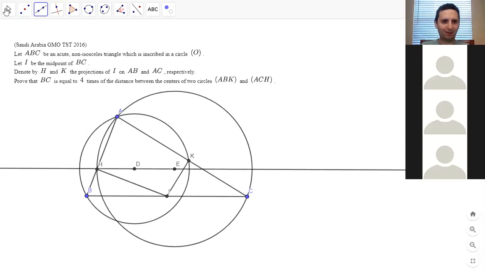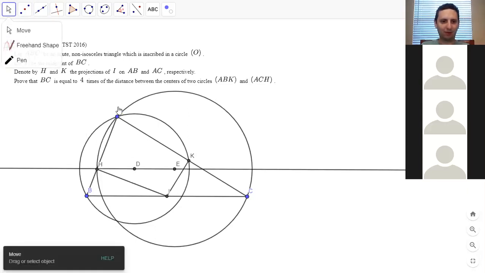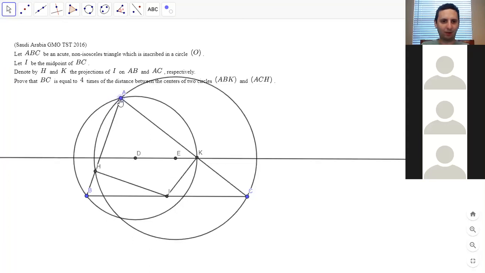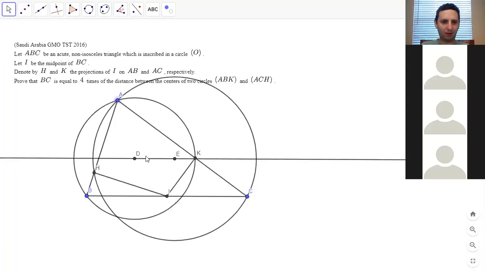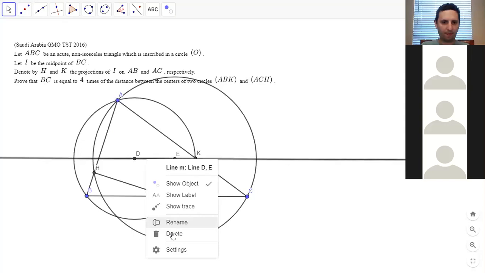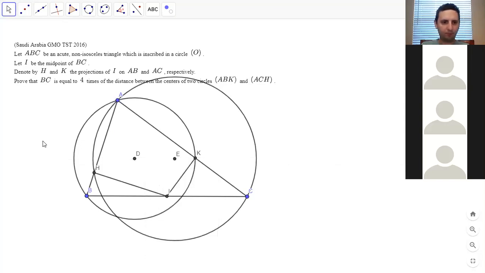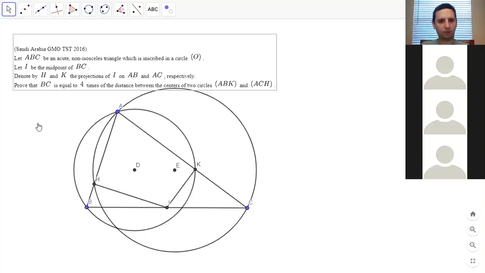Oh, it looks like it is. Yeah, it looks like it's true. Okay, that might make it a little easy then. Well, I wonder if that's obvious because the distance from D to BI, well, actually now I'm not sure if it's that obvious.